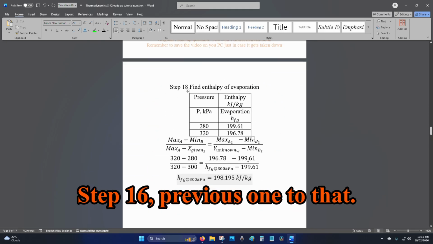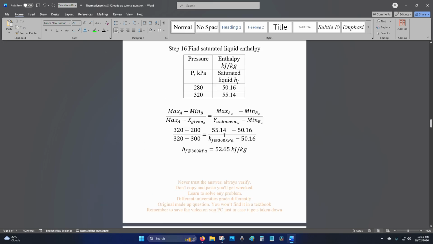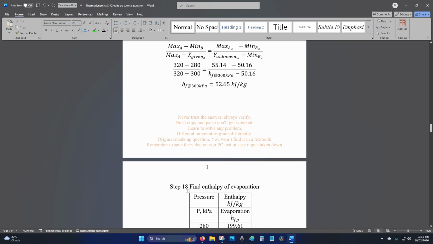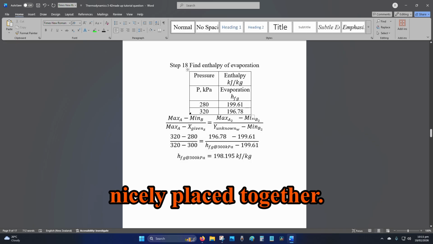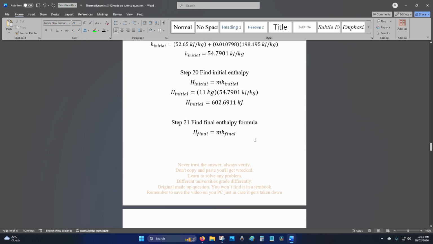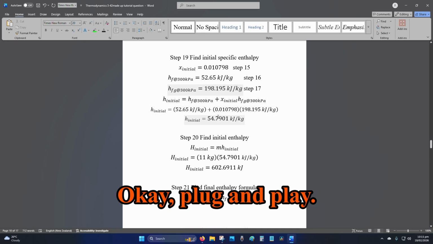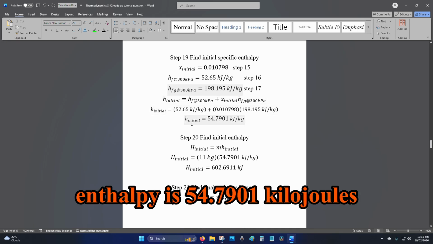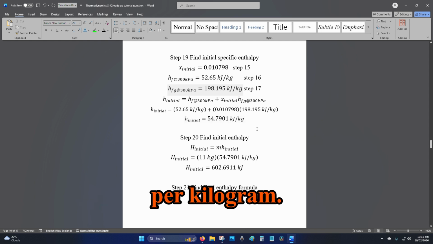Step 16, previous one to that. And then 15 is the quality. So all of those are nicely placed together. Okay, plug and play. Your specific initial enthalpy is 54.7901 kilojoules per kilogram.